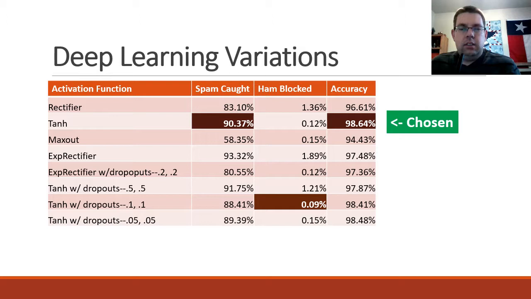If I introduced 10% dropouts to TANH, it actually had a higher rate of passing legitimate messages. But because SVM is actually better at that, I decided to choose TANH with no dropouts because that provided the best overall accuracy and in particular the best percentage of spam caught.